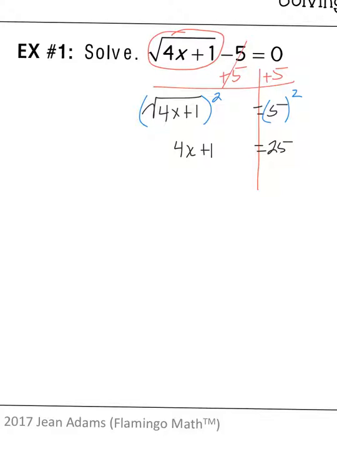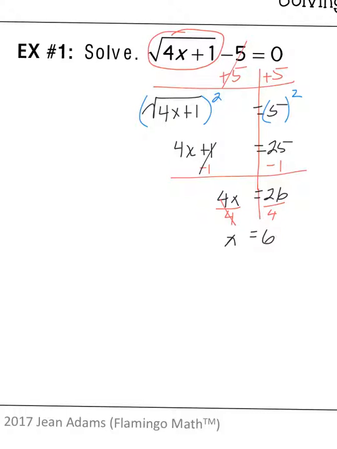And then from here, it's just like solving a normal equation. Subtract 1, and you get 4x is equal to 24. Divide by 4, and you get x is equal to 6.